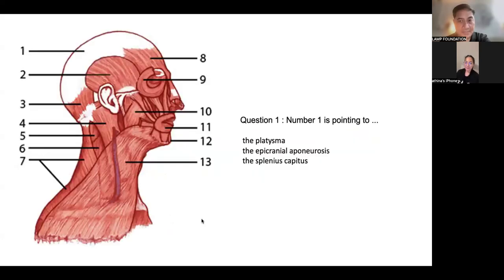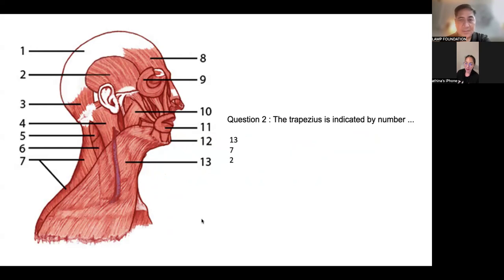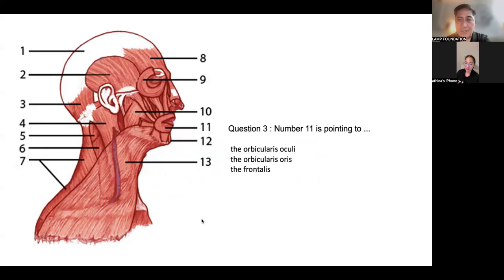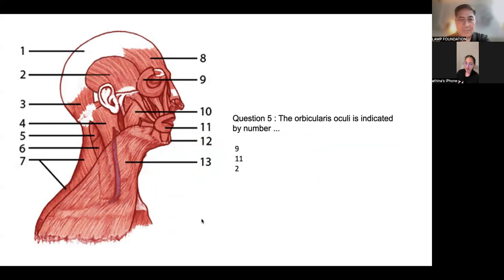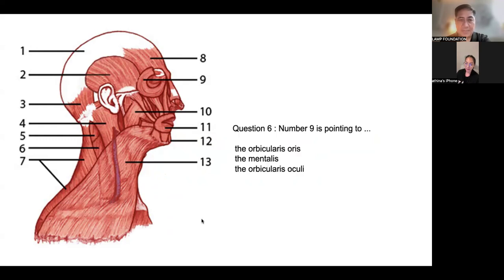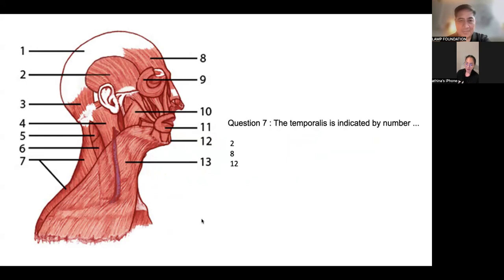Number 1. Number 1 is the epicranial aponeurosis. Trapezius, number 7. Number 11, the orbicularis oris. Number 8, the frontalis. Orbicularis oculi, number 9. It's the orbicularis oculi.